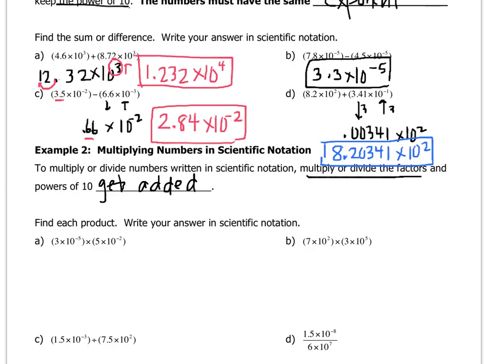So 5 times 3 is 15, and when you add the exponents, you get negative 7. I have to change this to 1.5, and since I made this go down 1, I have to make this go up 1. So that's going to be times 10 to the negative 6.